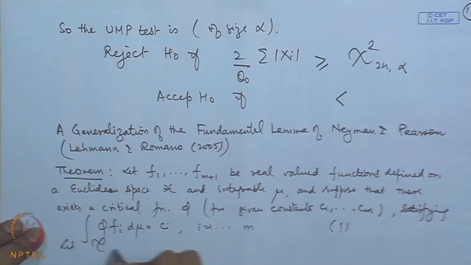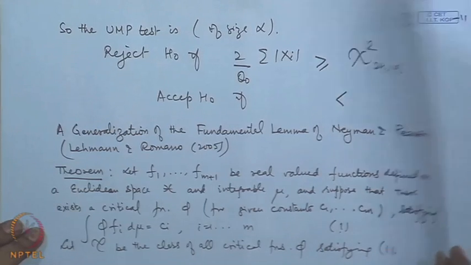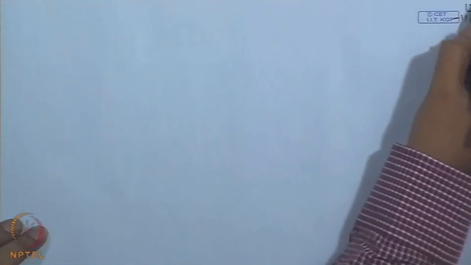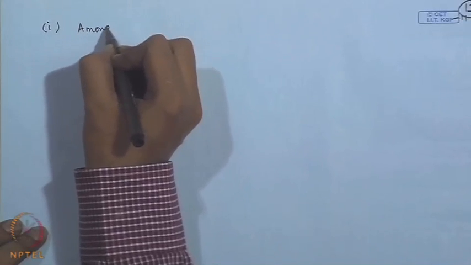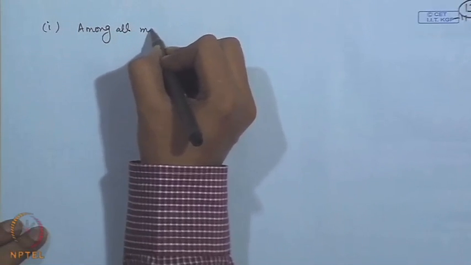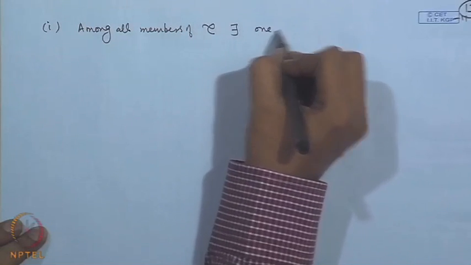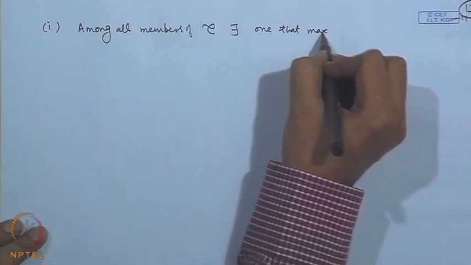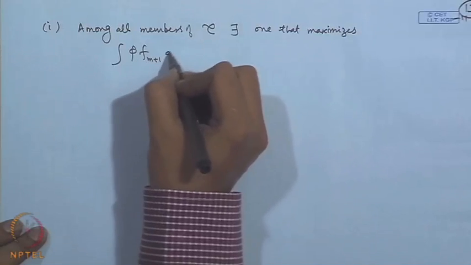Let us say C is the class of all critical functions phi satisfying 1. Then among all members of C, there exists one that maximizes integral phi f m plus 1 d mu.